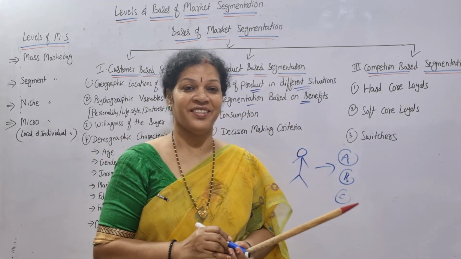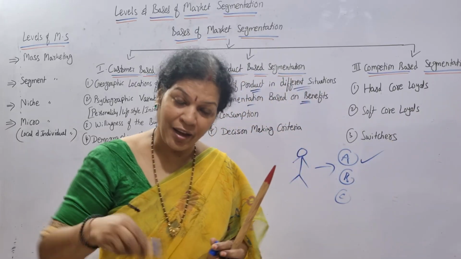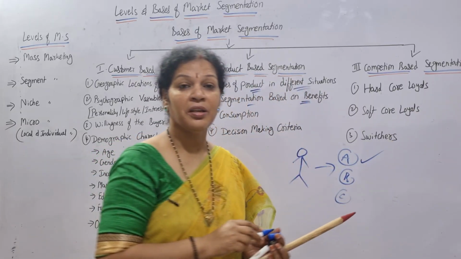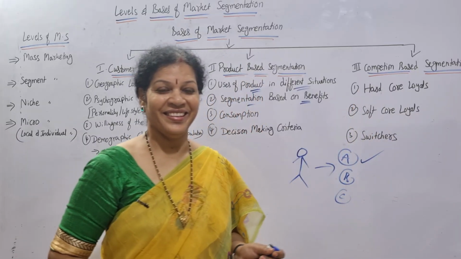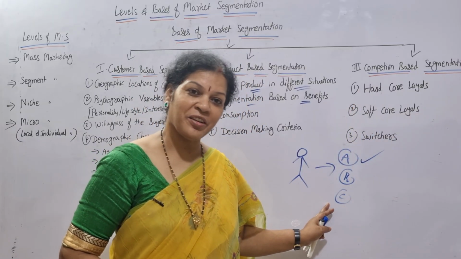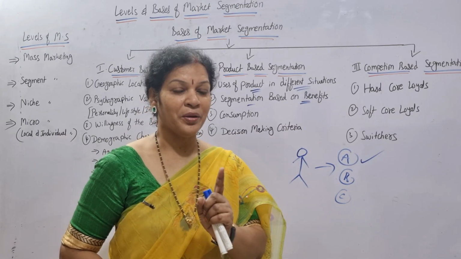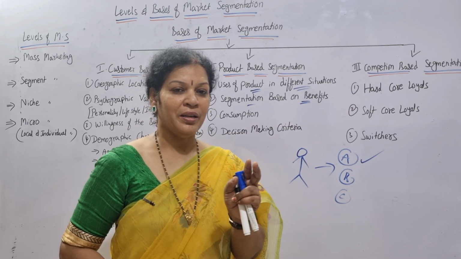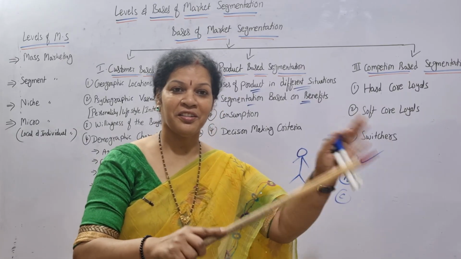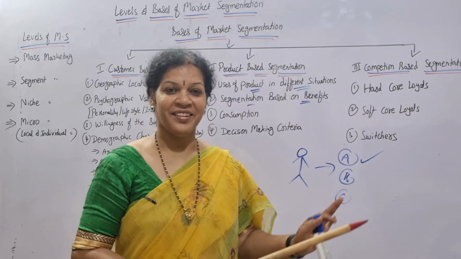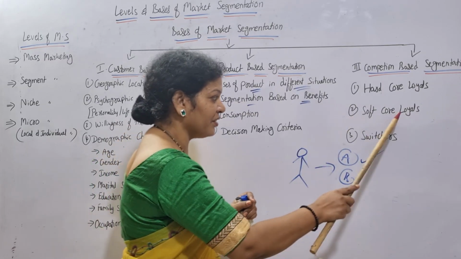Along with A, he also prefers to use B and C. That's it, we call them soft core loyals. Soft core means they use our products and also other products. You have to handle these people very carefully, because whenever they get addicted to B or C, they will shift slowly. Slow poison, in that way they'll be shifting. That is why you have to focus on this area.